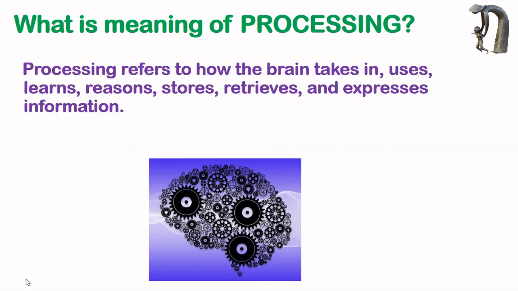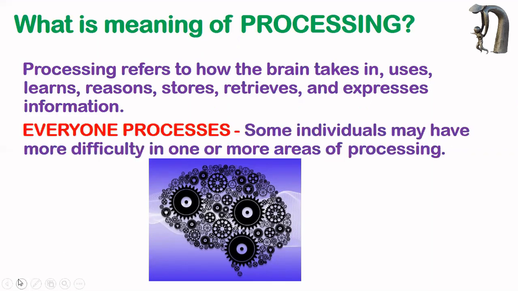Everyone, whether me or you or anybody, processes. Some individuals may have more difficulty in one or more areas of processing, and some may have no difficulty at all. Every one processes, whether human being or animal or any other creature.